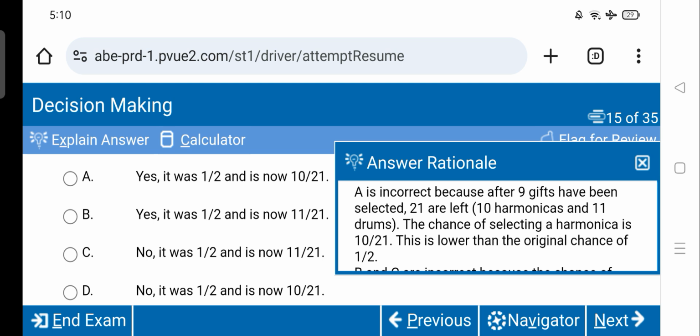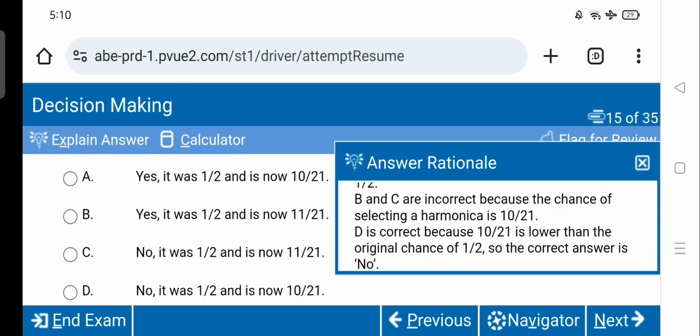This is lower than the original chance of half. B and C are incorrect because the chance of selecting a harmonica is 10 by 21. D is correct because 10 by 21 is lower than the original chance of half. So the correct answer is no.